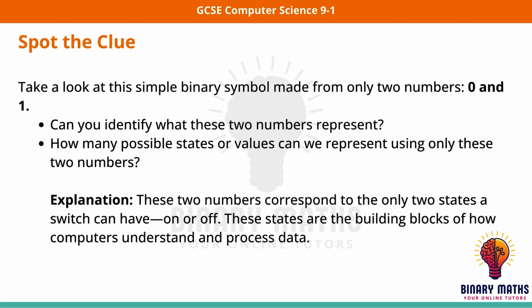It's either on or off, right? That's exactly how computers think, just with billions of these switches flipping between 0 and 1 at lightning speed. And how many different values can you make using just two options? Well, that depends on how many switches or bits you use. But we'll come to that in a moment.